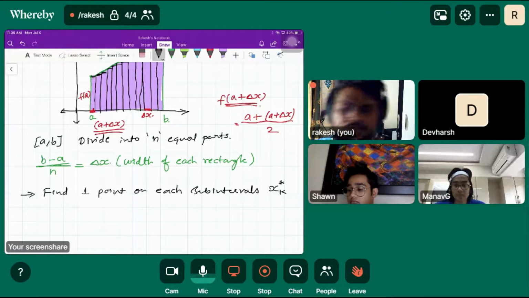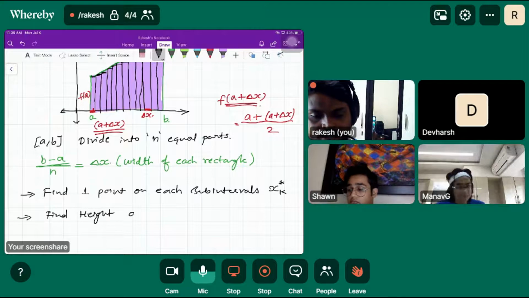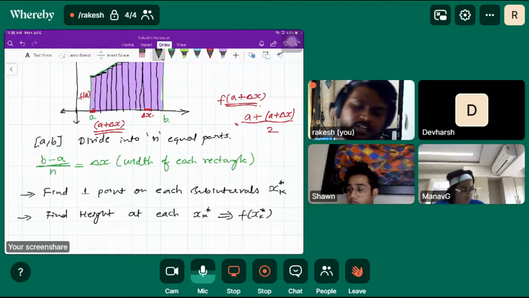Star means any point. Next, we plug this into the function to find the height. So find the height at each xk star, that is basically f of xk star. It produces the height.